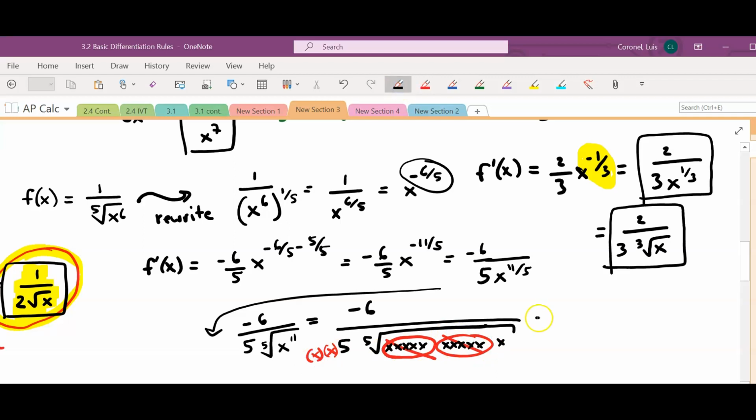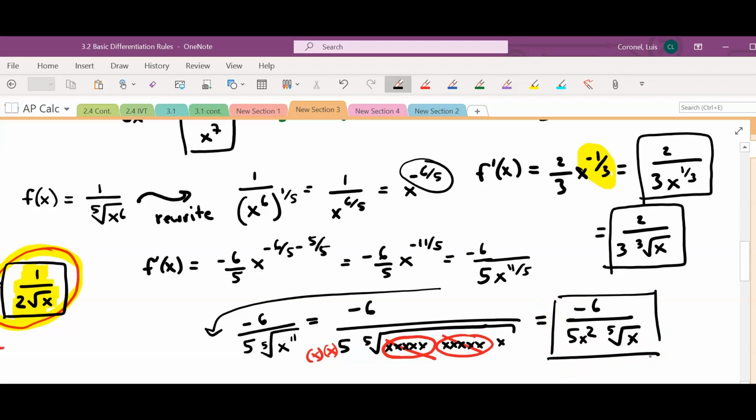So your final result is negative 6 over 5 x squared, and you still have the fifth root because there's still 1 x left inside. And that's your final answer for that derivative.